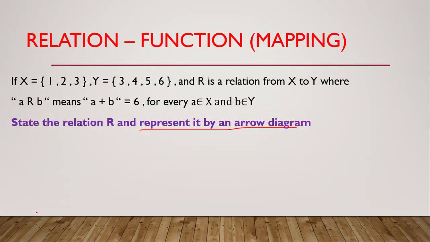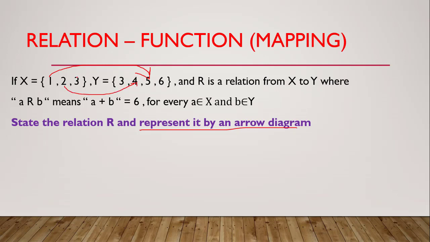I want A plus B equals 6. I'll start from x. I'll take 1. 1 plus what from y equals 6? 1 plus 5. So the first ordered pair is 1 and 5. Okay, then I'll take 2. 2 plus 4 equals 6.